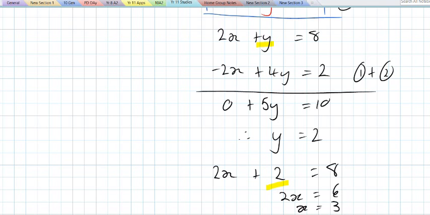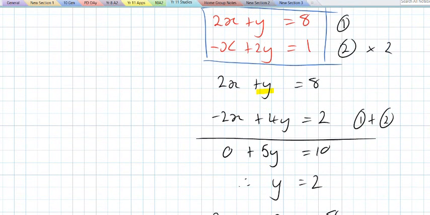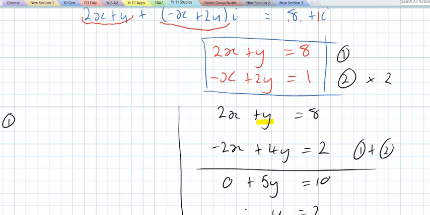That's one algebraic method. Another algebraic method would be to get y by itself, or x by itself. So taking line 1, we would write y equals 8 take 2x, and then substitute that into line 2.